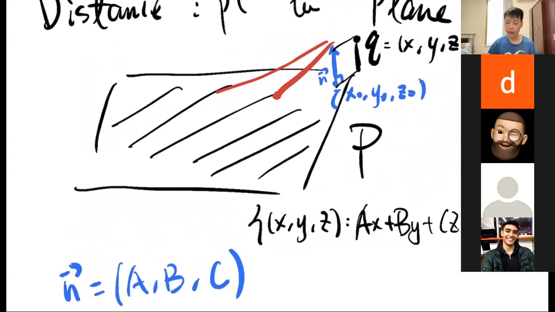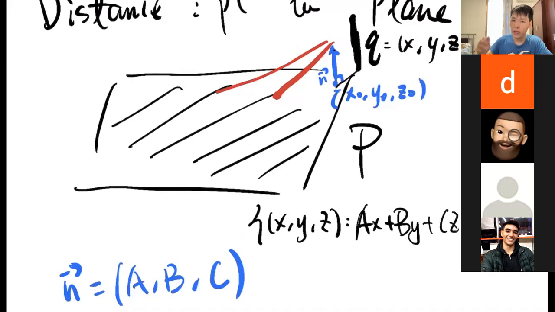Okay, so this is the picture I have, though not necessarily, because Q may be way up from the normal vector n. In order for us to have the distance, this is the distance we want.